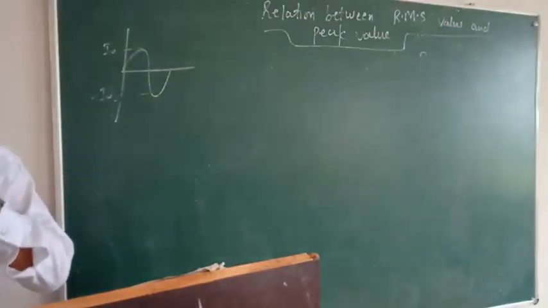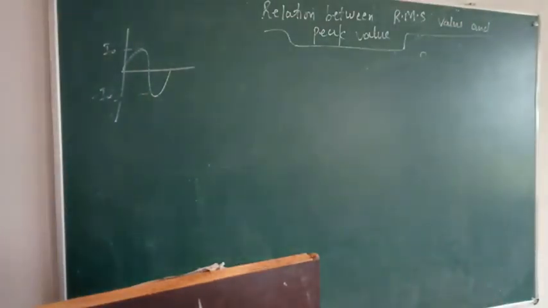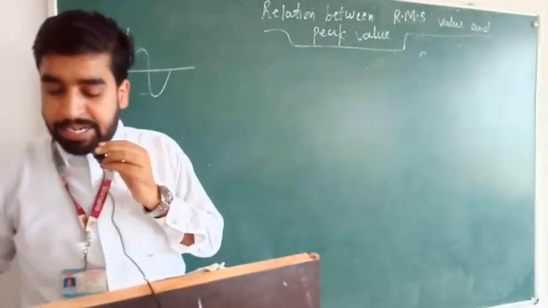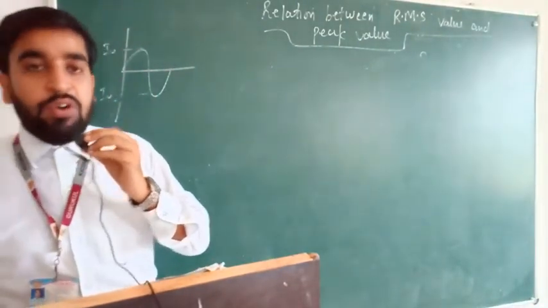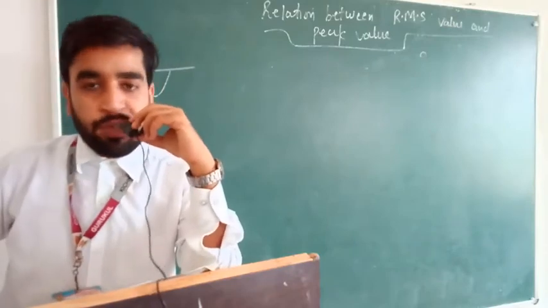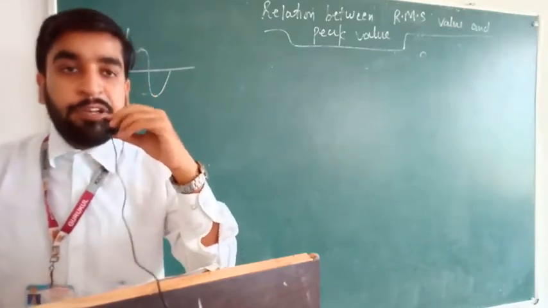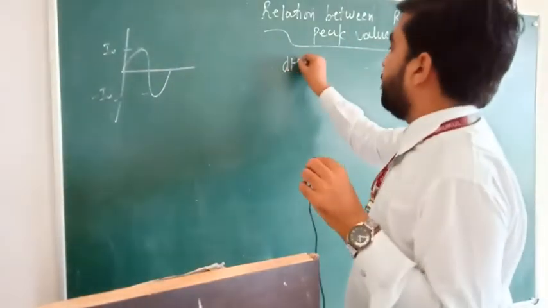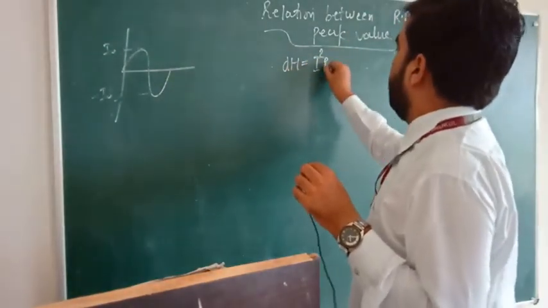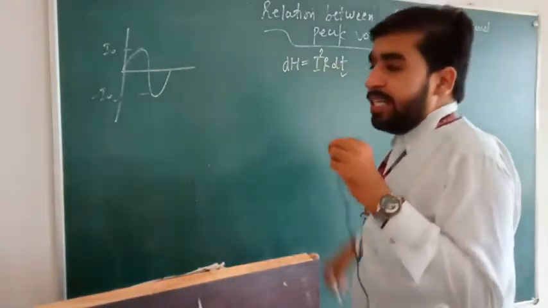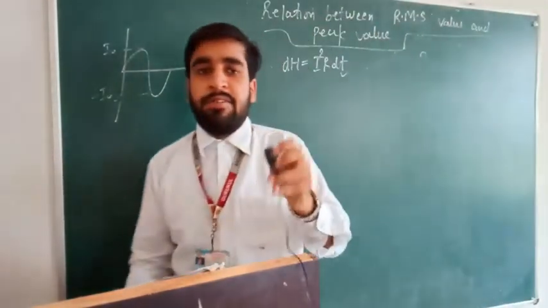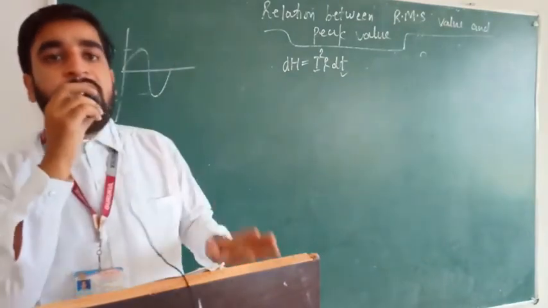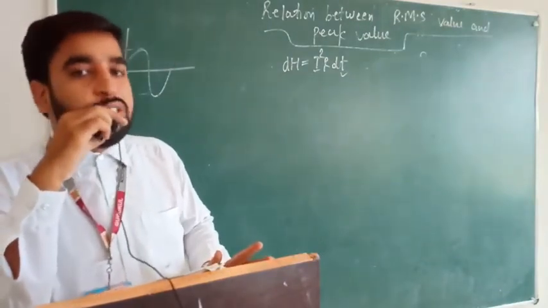So how will we go ahead? We have already studied the amount of heat that will be produced in a given circuit: dH is equal to I square R dt. Why is there dt here? Because we are transferring AC, and the AC cannot be constant for all time.